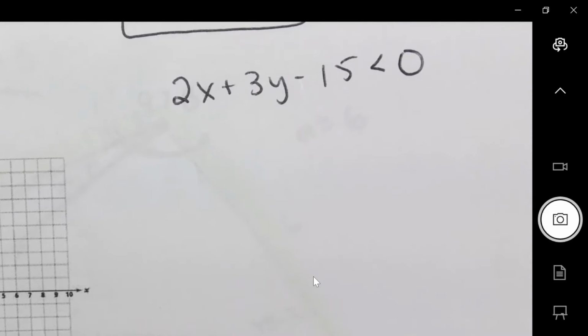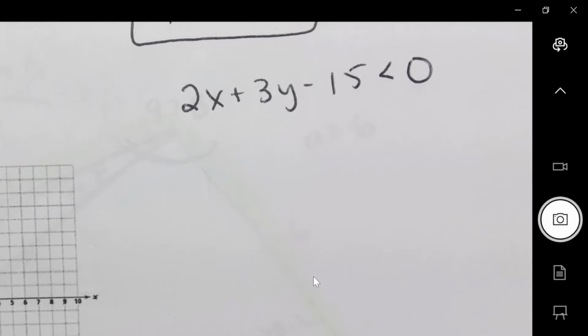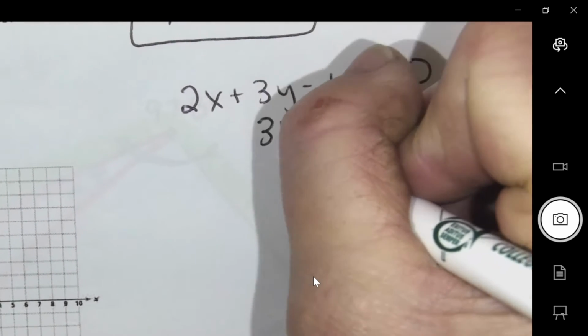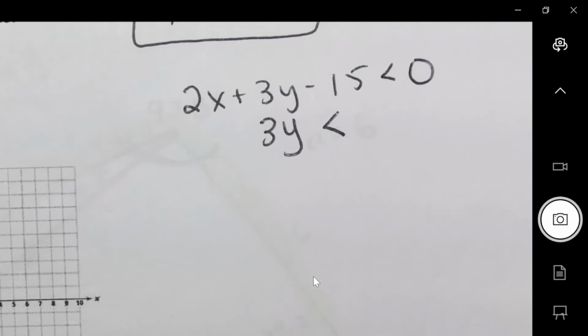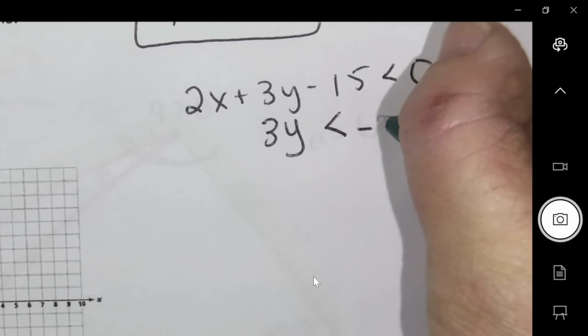Okay, so here's the first line. I'm going to keep 3y less than, I'm going to move the x piece over, so negative 2x.